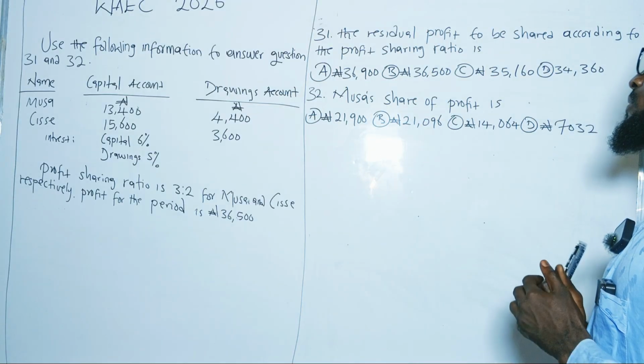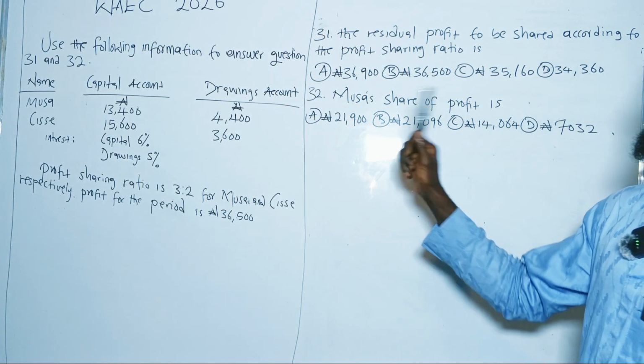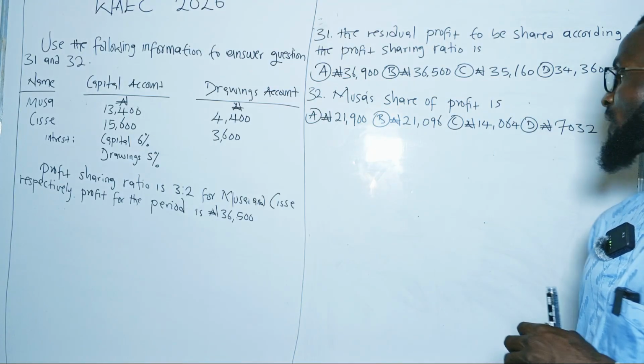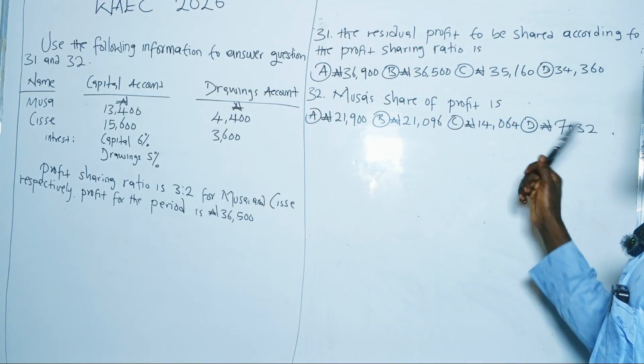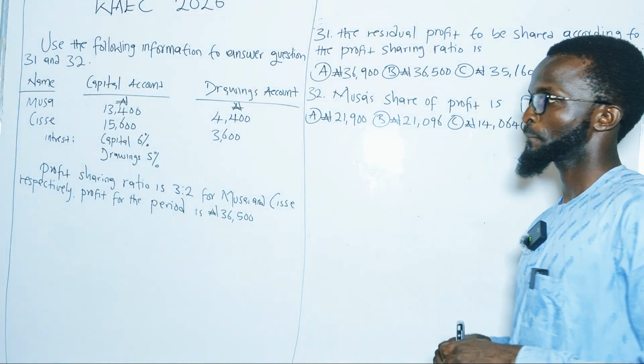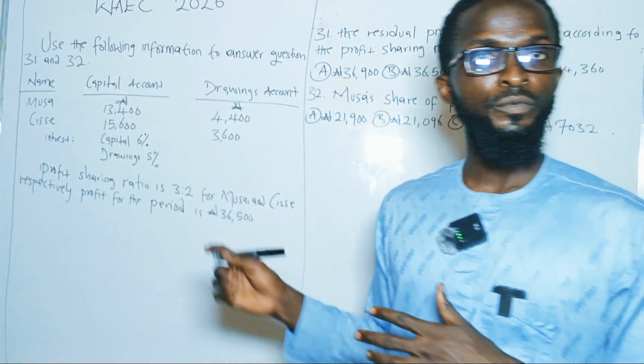Question 32 says, Musa's share of profit is A, 21,900, B, 21,096 naira, C, 14,064 naira, D, 7,032 naira.